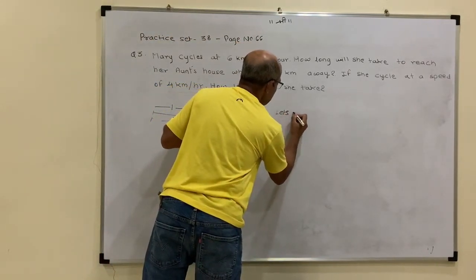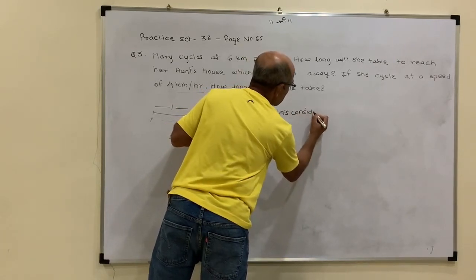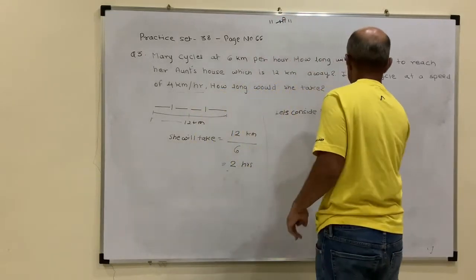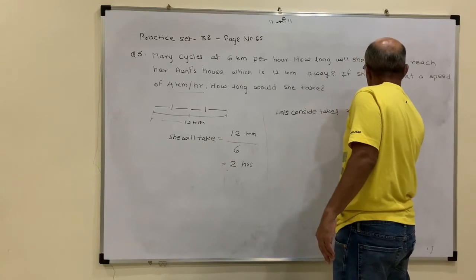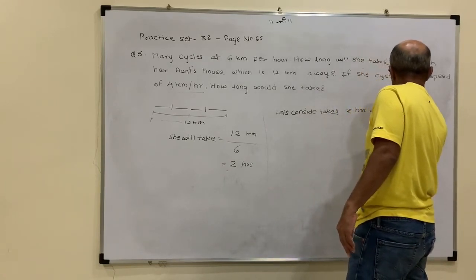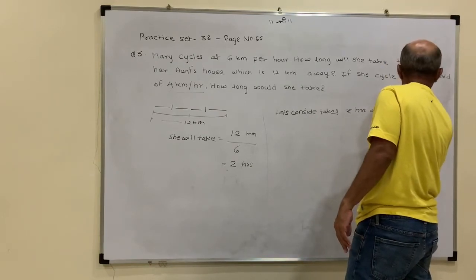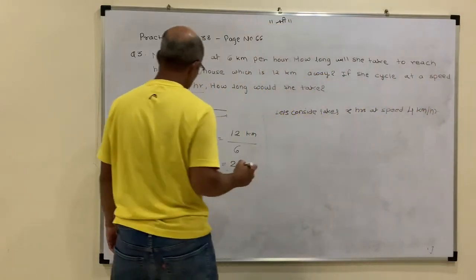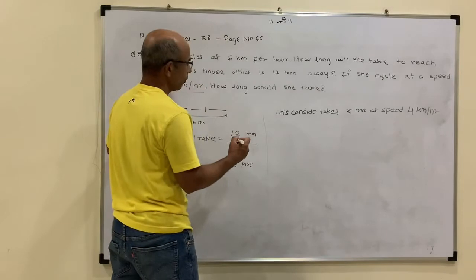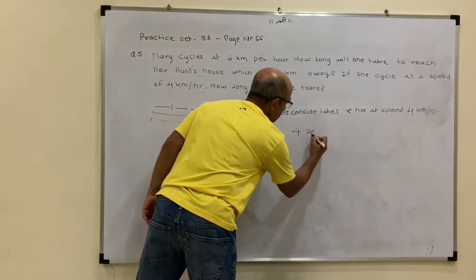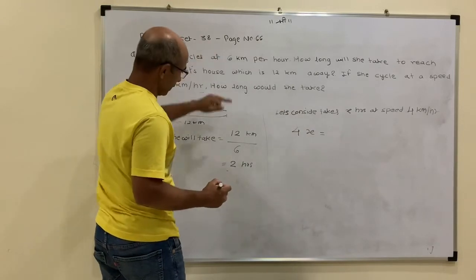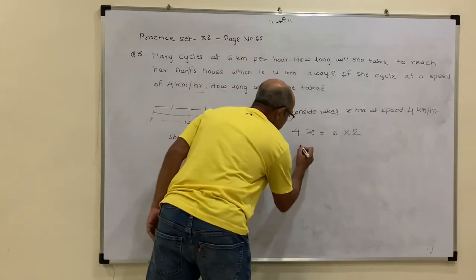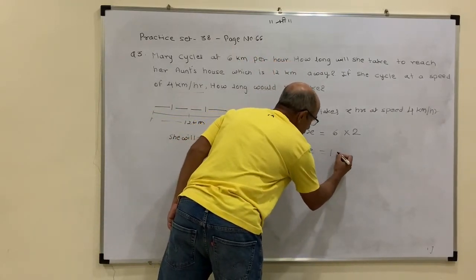Let's consider she takes x hours at speed 4 kilometers per hour. So now our equation will be 4 kilometers into x equals 6 kilometers into 2 hours. So 4x equals 12.